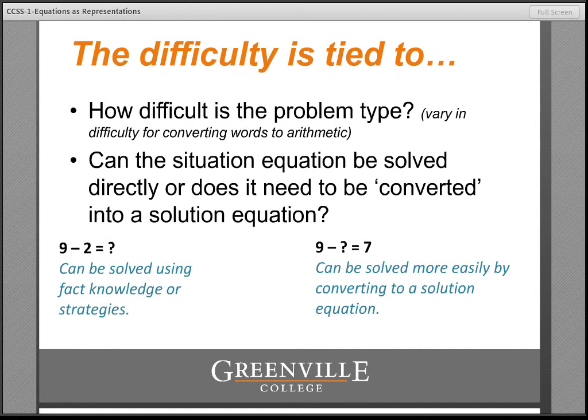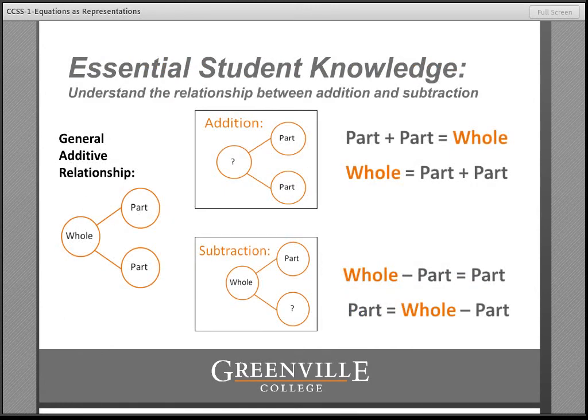In the Part A module, we discussed the relationship between addition and subtraction as per the second cluster under Operations in Algebraic Thinking domain. We spent more time on it there than we can really afford here, but understanding the relationship between addition and subtraction is just fundamental to converting situation equations to solution equations so that we can find an unknown.